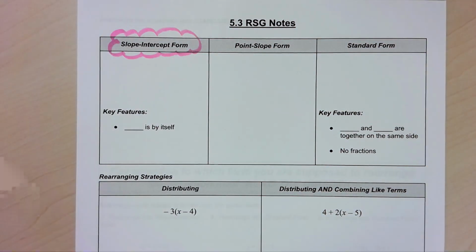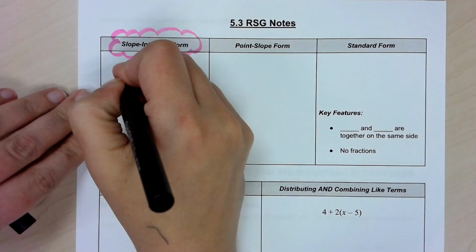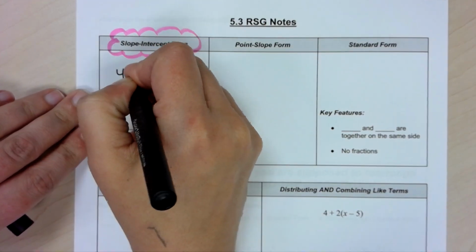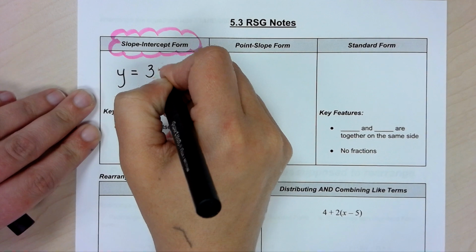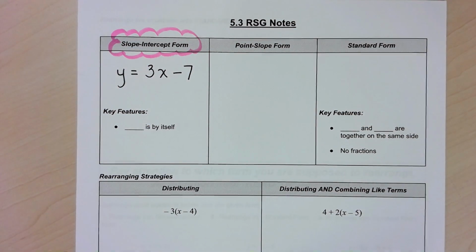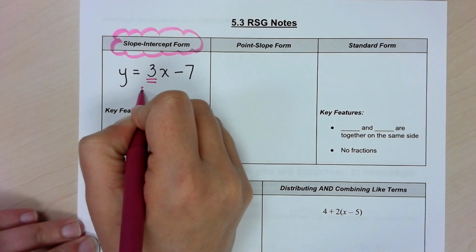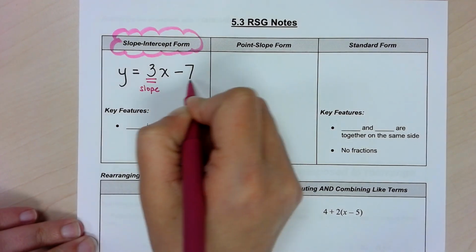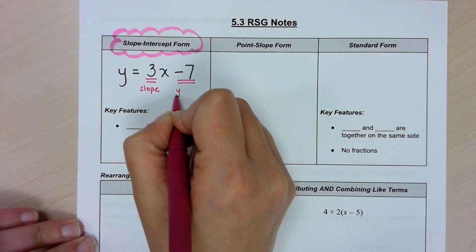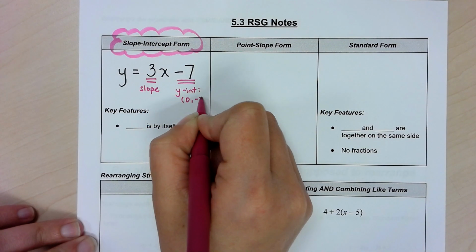Slope-intercept form is the name that we give to the equation of a line that looks like this. We call this slope-intercept form because in this equation, we can find the slope and the y-intercept of the graph very easily by just looking at the numbers.